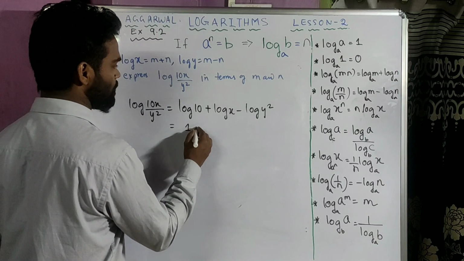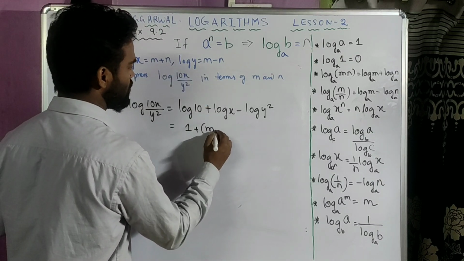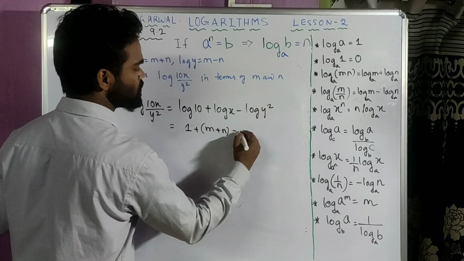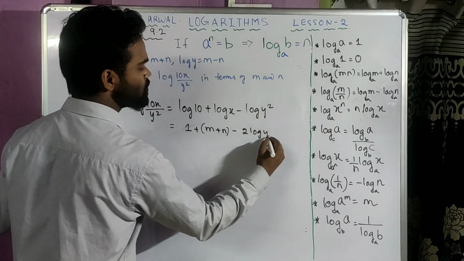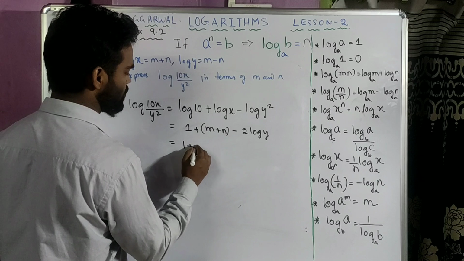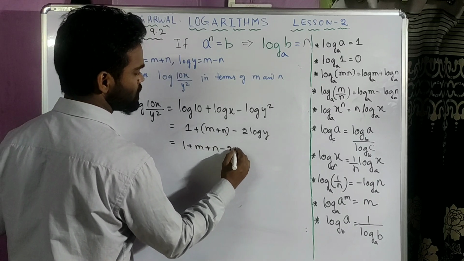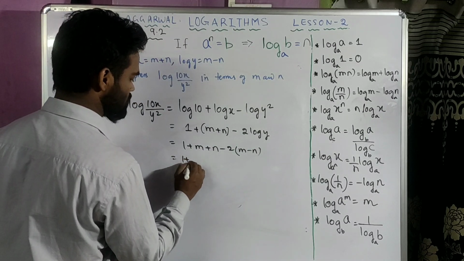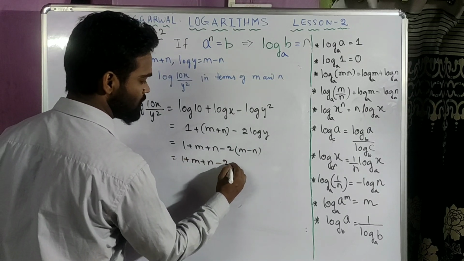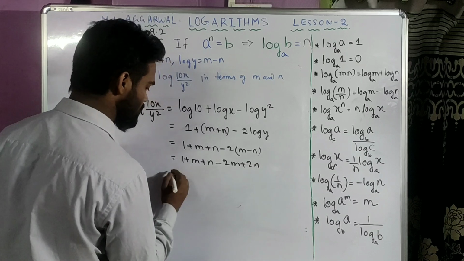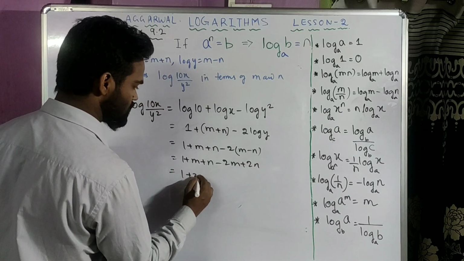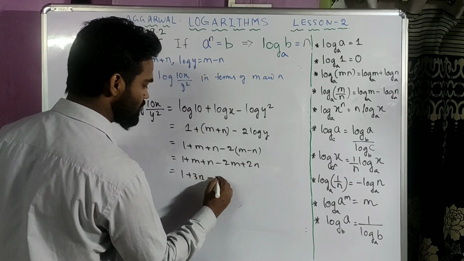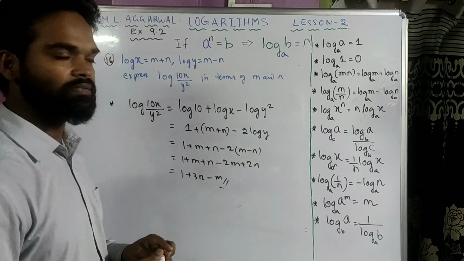So this is 1 plus, log x is m plus n, minus, this 2 comes in front, 2 log y. This is 1 plus m plus n minus 2, and log y is m minus n. Now open the bracket, so this is 1 plus m plus n minus 2m plus 2n, so this is 1 plus 3n minus m. So that's my final answer.